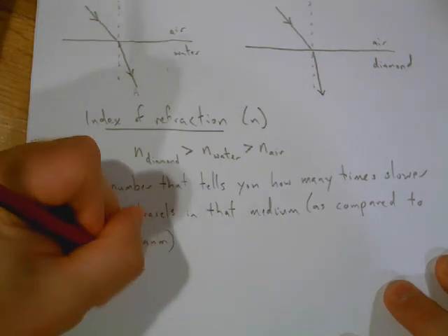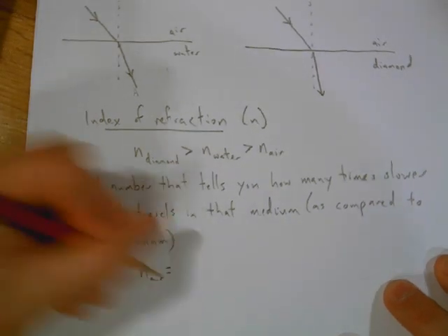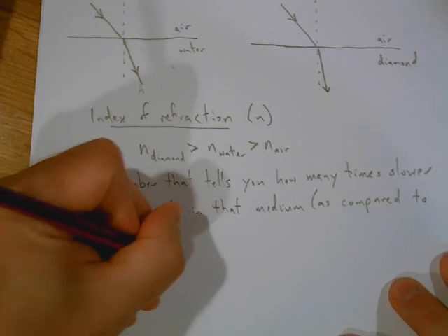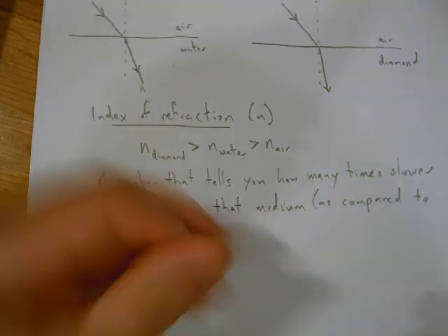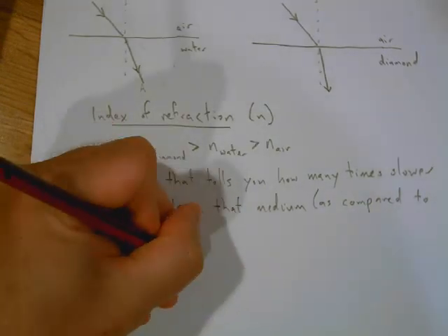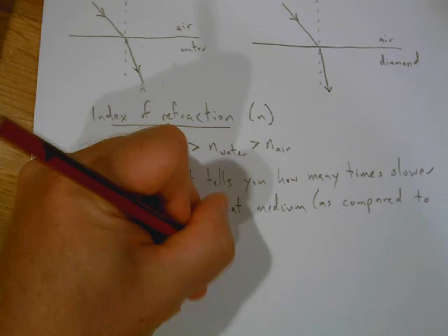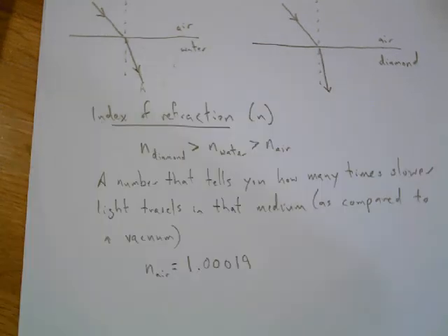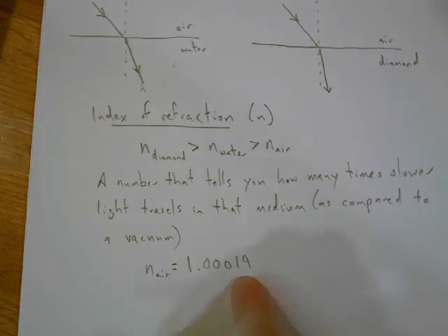Okay, the index of refraction of air, for our purposes, we're going to say it's 1. Okay, in reality, it's like 1.00019 or something like that. Okay, and obviously all air is not the same density, so the index of refraction of air is going to change a little bit.